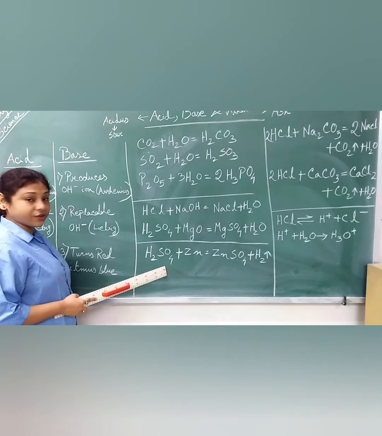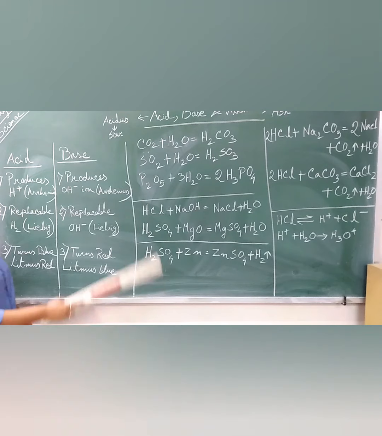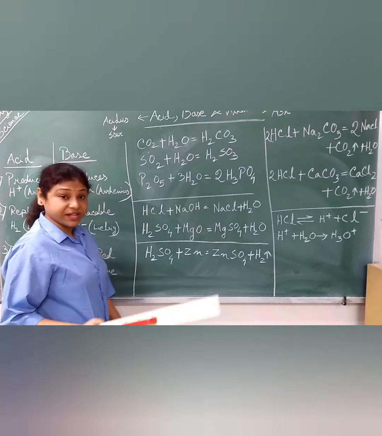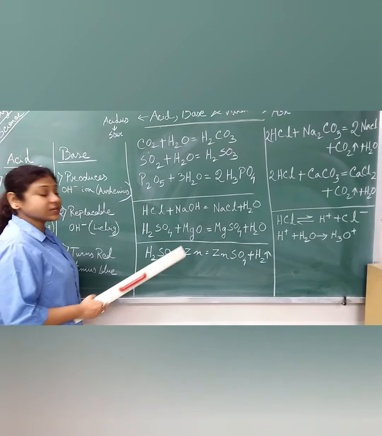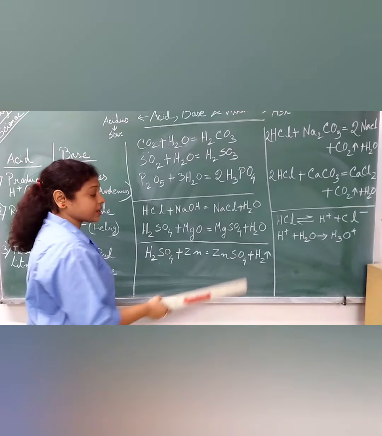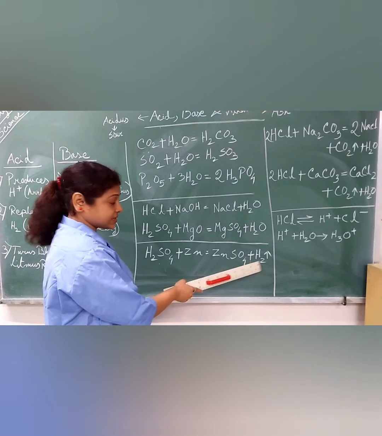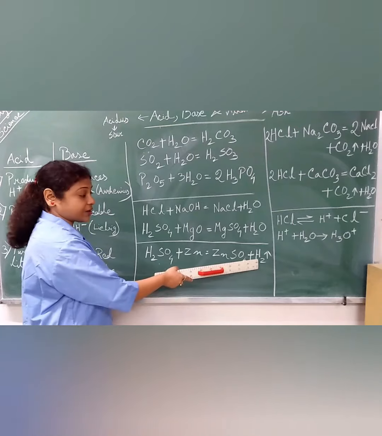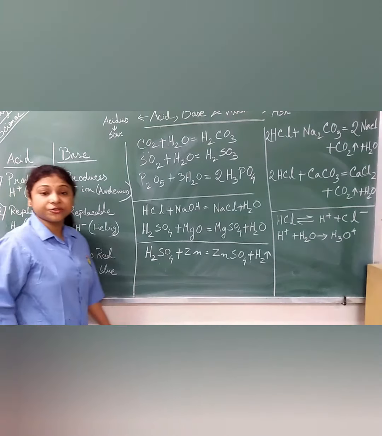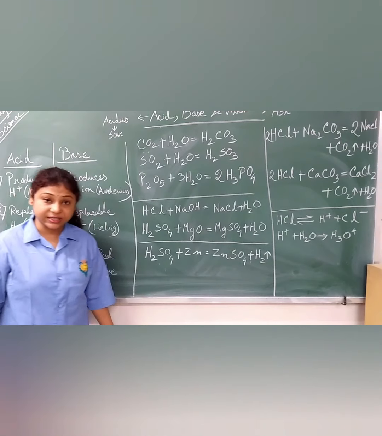Now the third one, that is some acid reacts with some metals. Acid reacts with some metals to form zinc sulfate as salt along with hydrogen gas. Up arrow I have given because hydrogen is a gas. One more thing, acid doesn't react with all the metals.